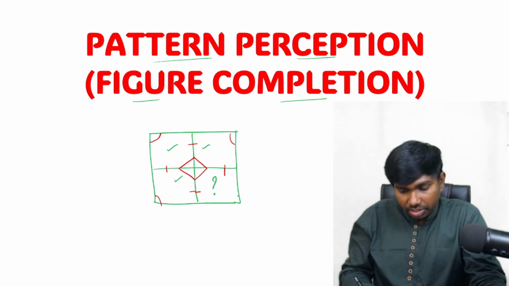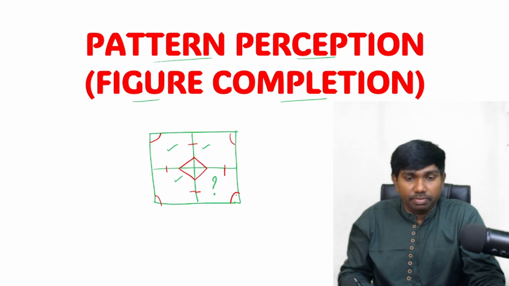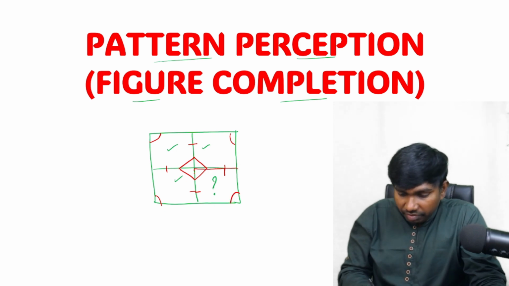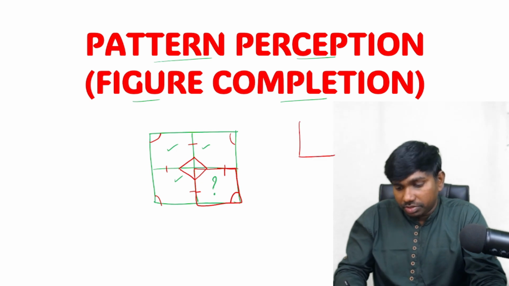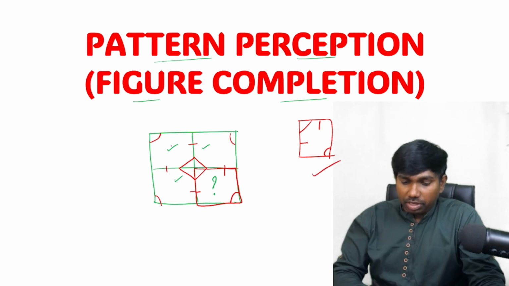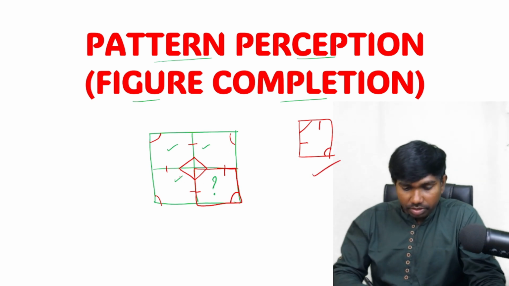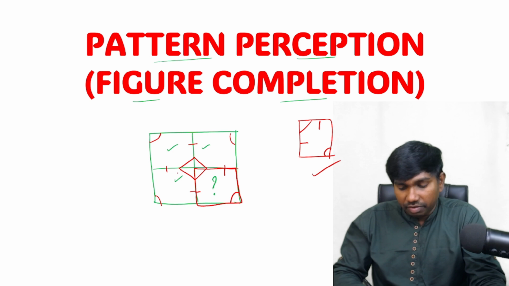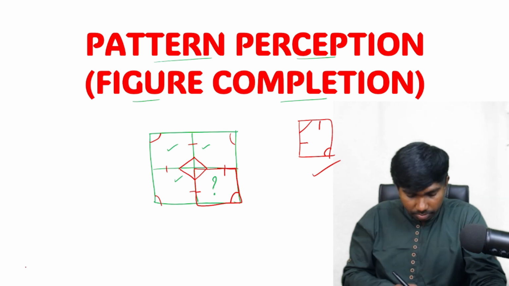The same circular cut must be there here as well. This box will be available in the options like this. So this figure will be our answer figure, correct? So complete the incomplete figure with a pattern available from the remaining three parts.